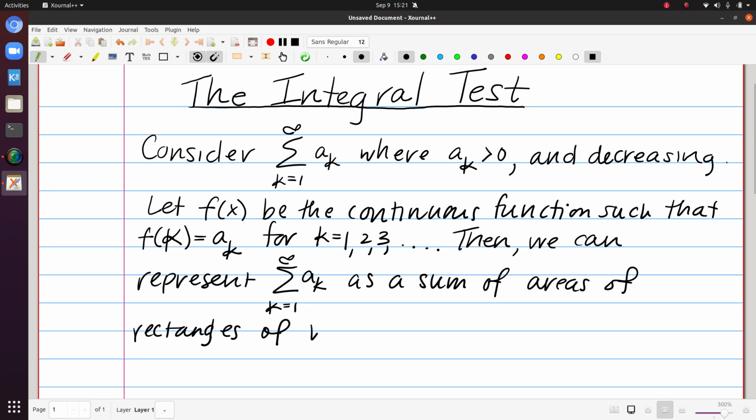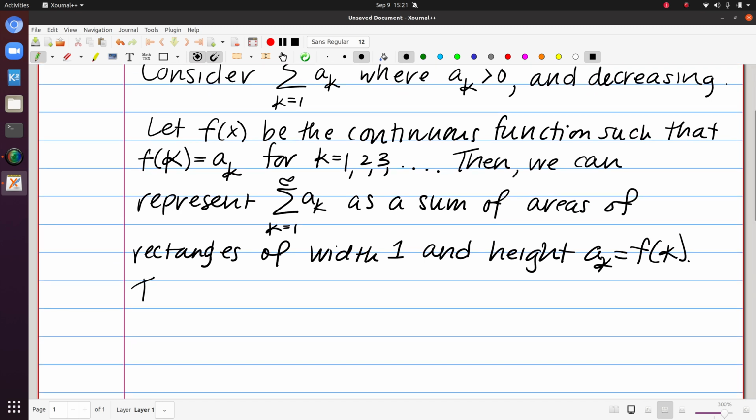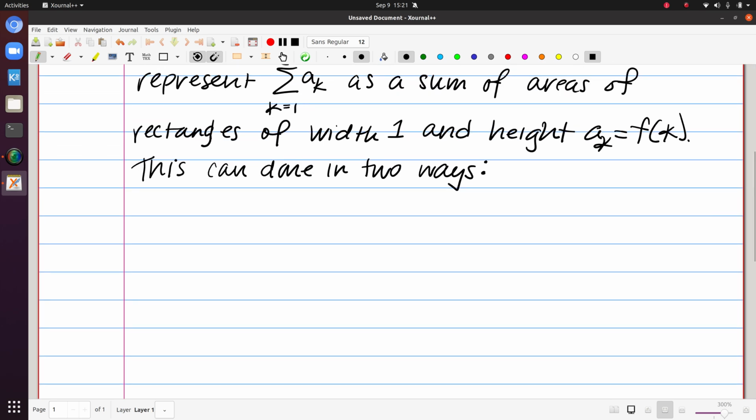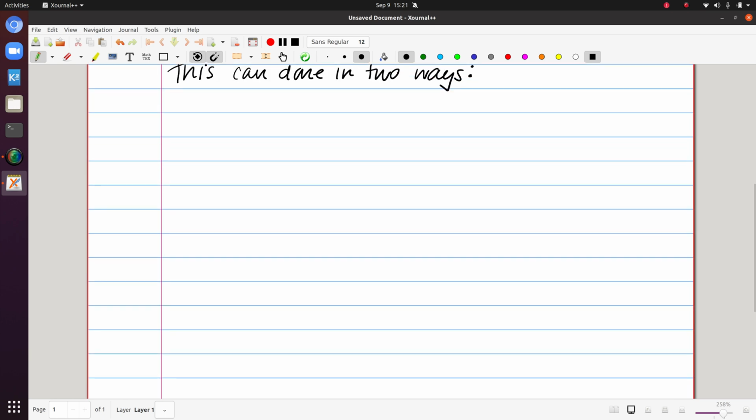Importantly, of width 1 and height a sub k. And recall that that's the same thing as saying height f of k. We started to consider, when we talked about Riemann sums, that this can be done in two ways. So let's consider each of these in turn.